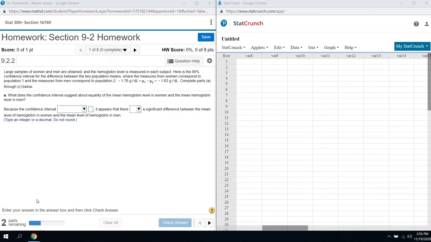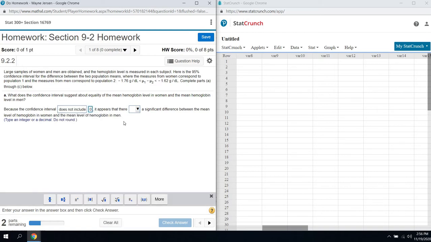What does the confidence interval suggest about the equality of the mean hemoglobin level in women and the mean hemoglobin in men? Well, notice that the subtraction is bound between two negative numbers. So because the confidence interval does not include 0, it's the same idea that was there in section 9.1. 0 is the most important thing because 0 is where the two are equal.